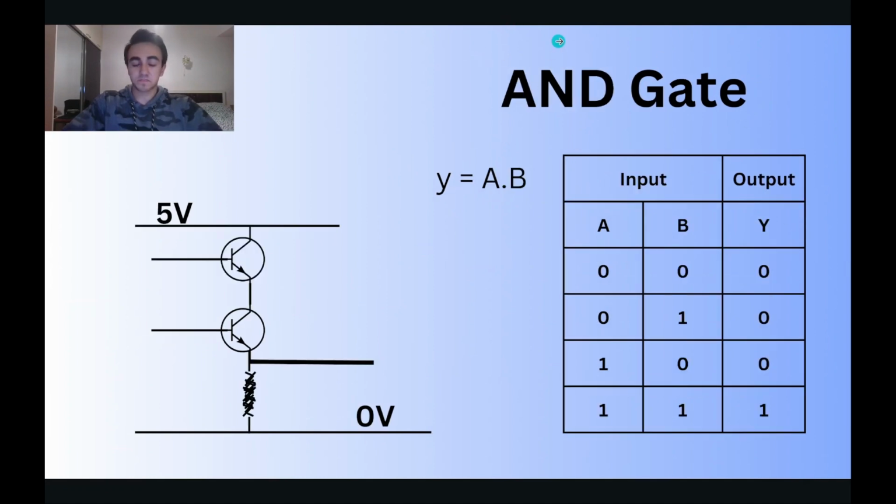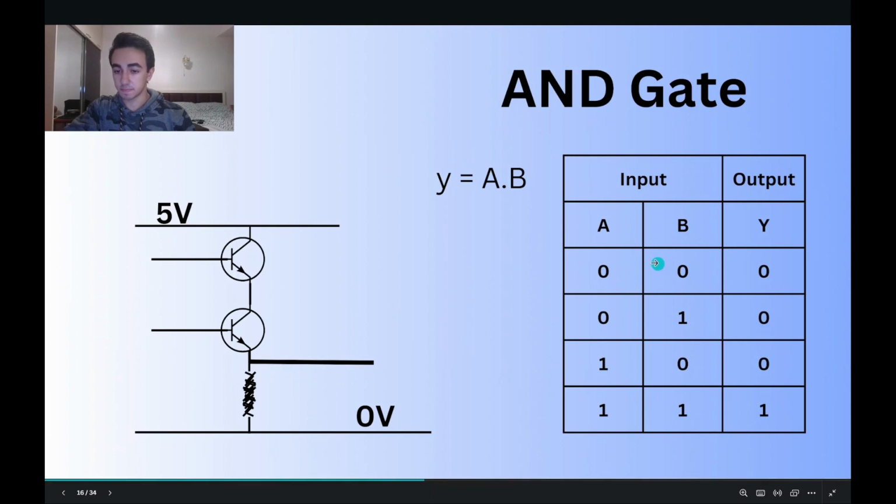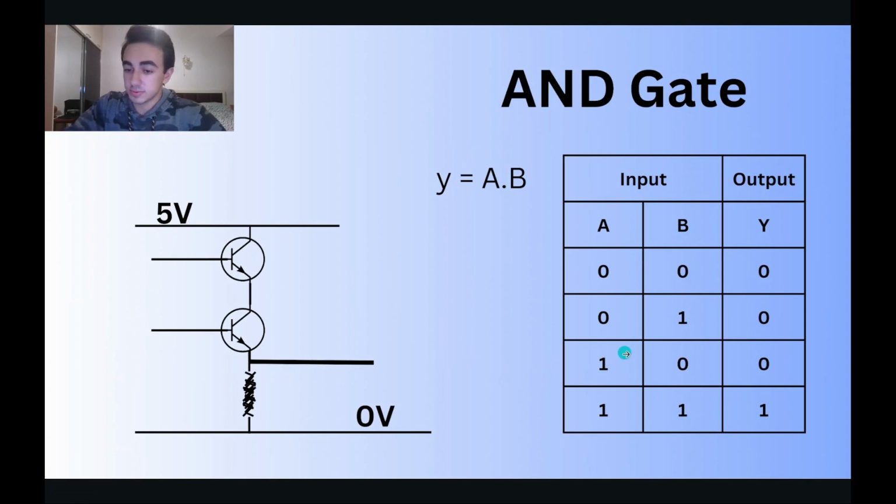So AND gate. Let's first review its truth table. Here we see the output for each input. Firstly, it takes two inputs, unlike the NOT gate, and it only outputs one when both the inputs are one.